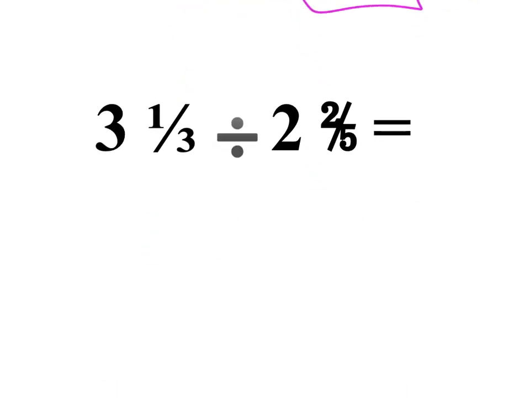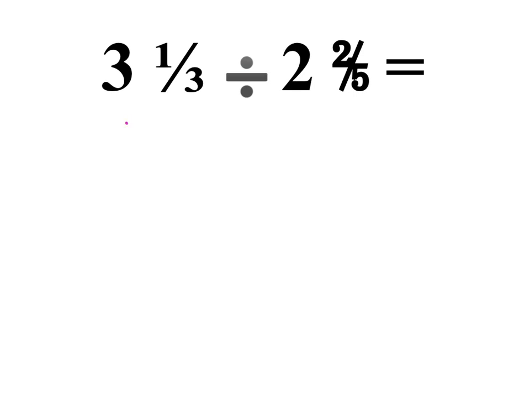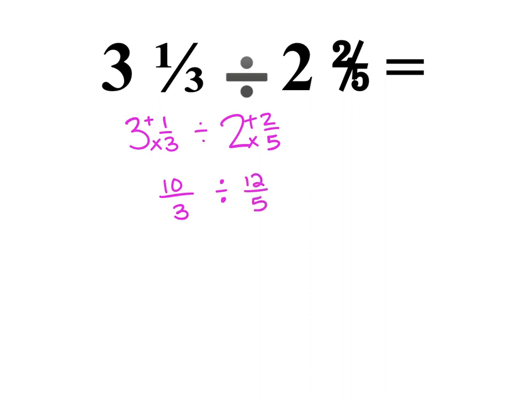All right, last one. 3 1/3 divided by 2 2/5. Multiply in the bottom, add on the top. 3 times 3 is 9, plus 1 is 10. 5 times 2 is 10, plus 2 is 12.